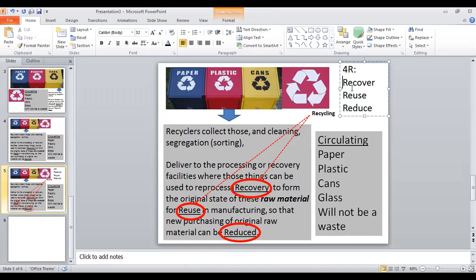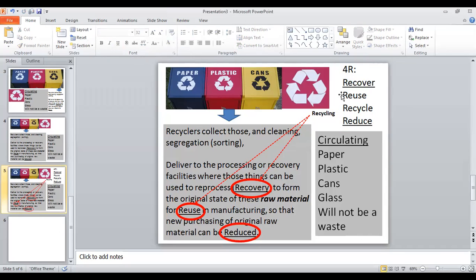Okay, so recover, reuse, recycle, and reduce. So this is the ultimate objective, reduce. So for that, recover is there. Okay, recover.